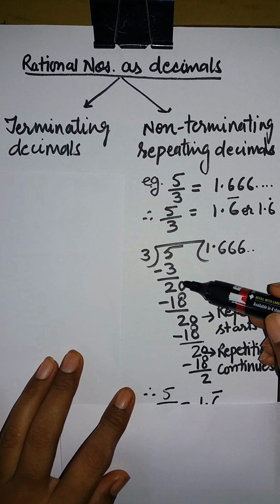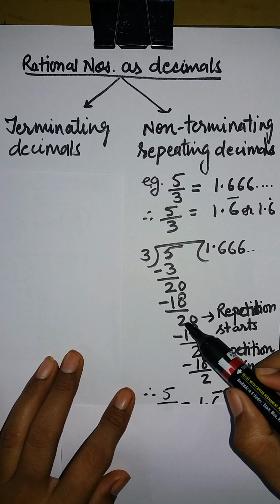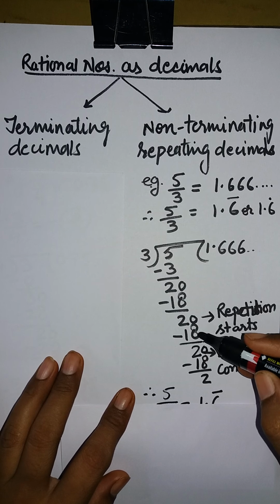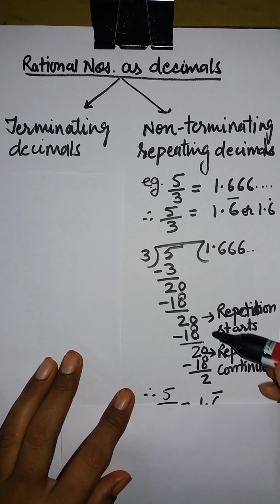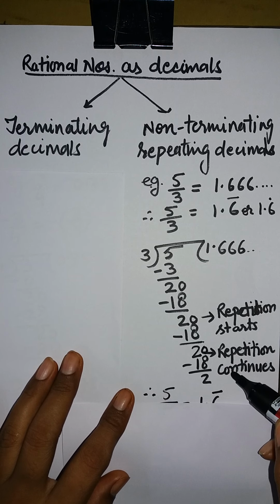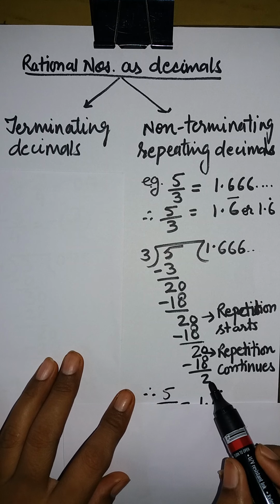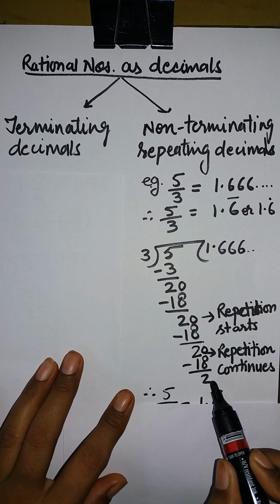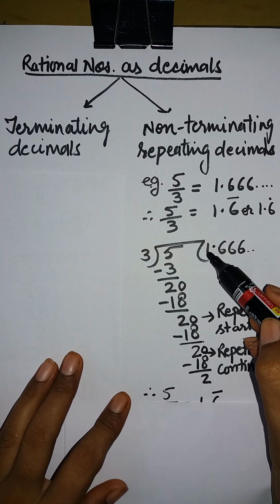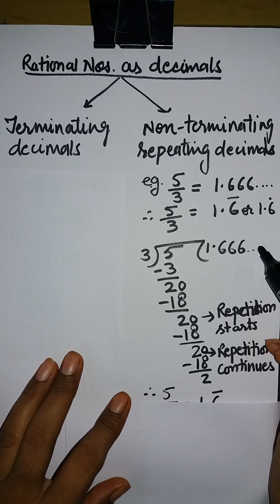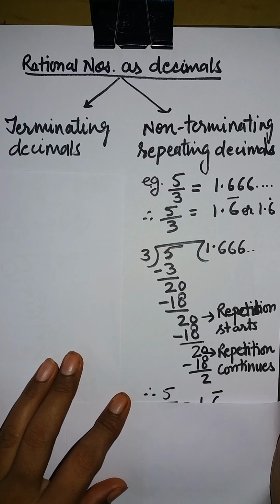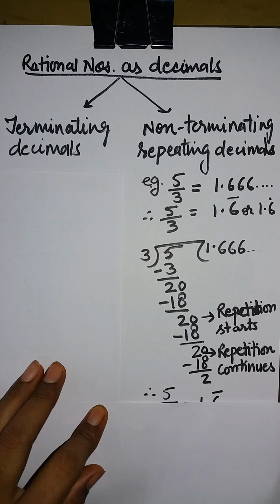By seeing this division, we can see here 20 is repeating. So the repetition begins from here, and here we can see the repetition continues, and we still cannot find the end of this division. We have here 1.6666, and an endless number of times we can get this 6.